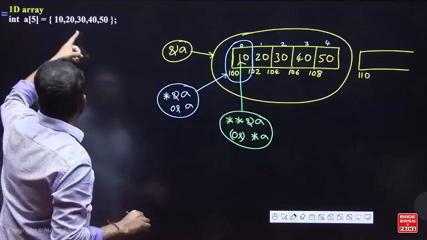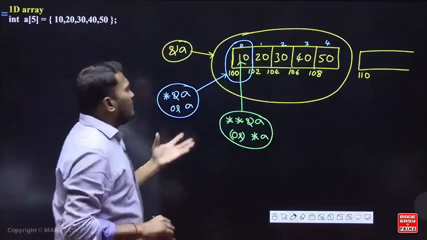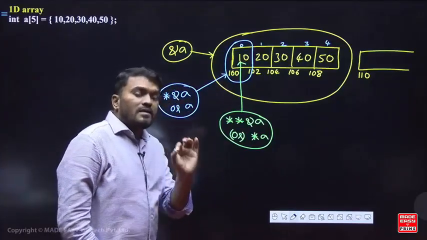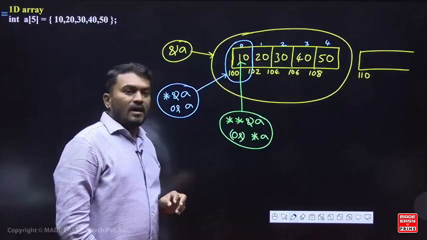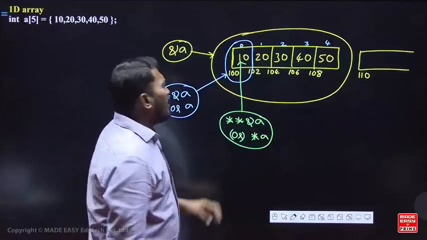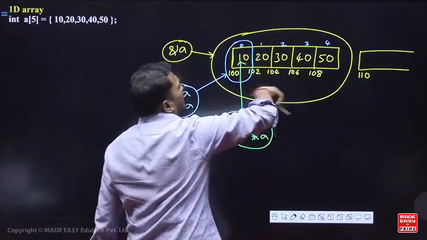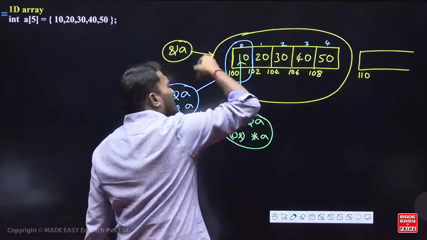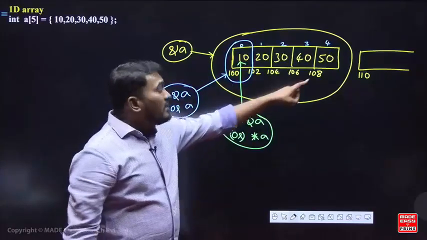If you declare a one dimensional array like this, integer a of 5, 10, 20, 30, 40, 50, just listen here. If I print ampersand a, listen carefully. Ampersand a means it is pointing to the entire one dimensional array.